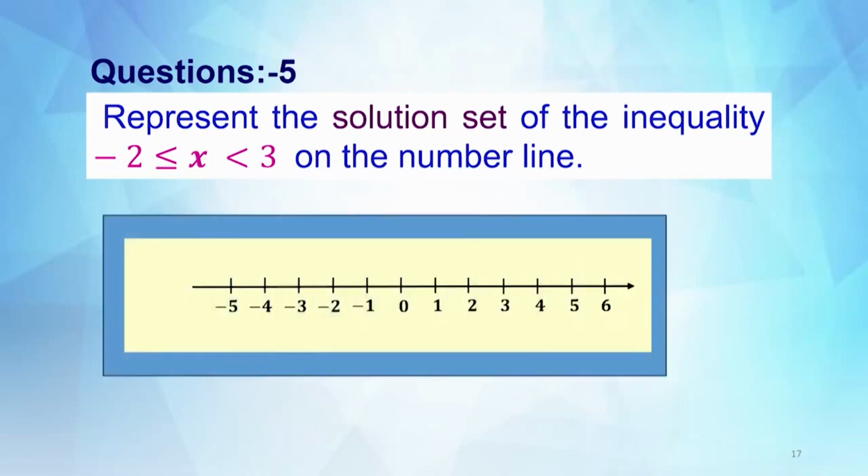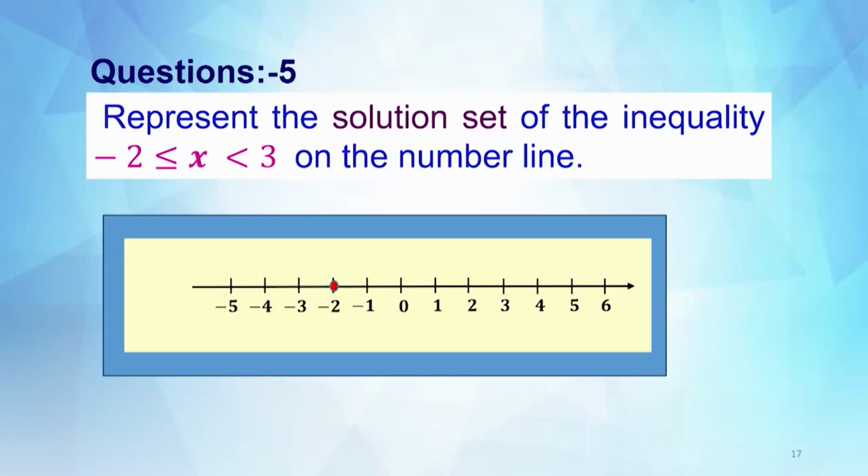So, you have to represent the solution set. Then, using your hand, close the last part of this inequality. That means you can read it as minus 2 is less than or equal to x. Then x is equal to minus 2. Then you can mark minus 2 like that.